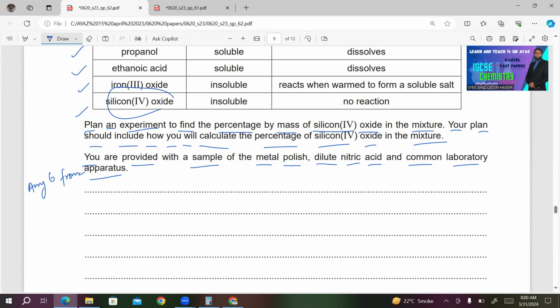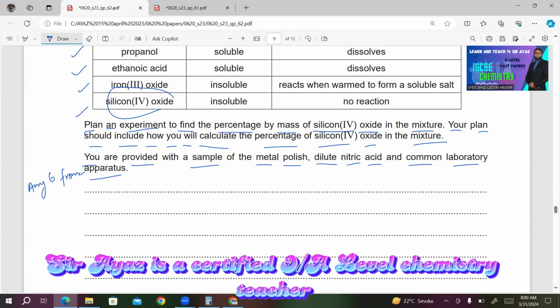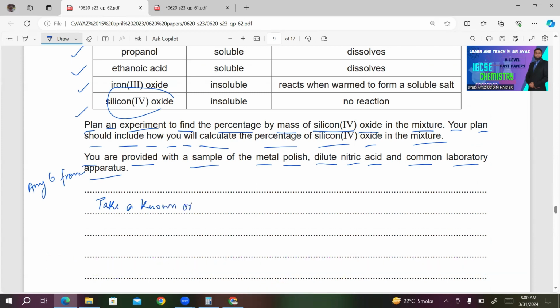I'm mentioning the name of the container here.